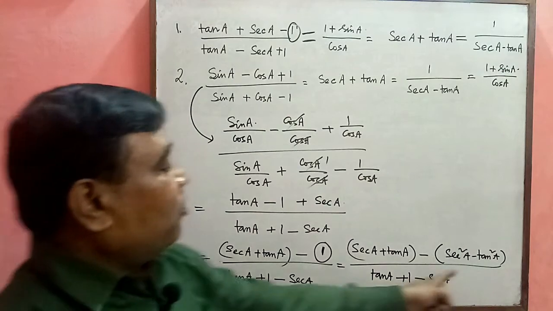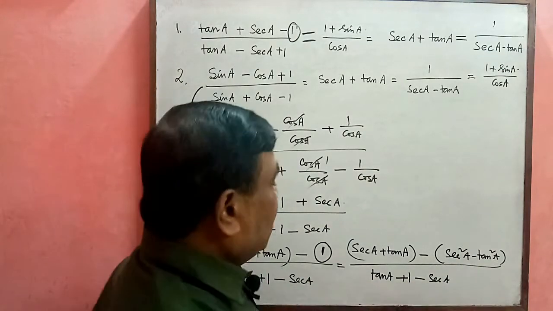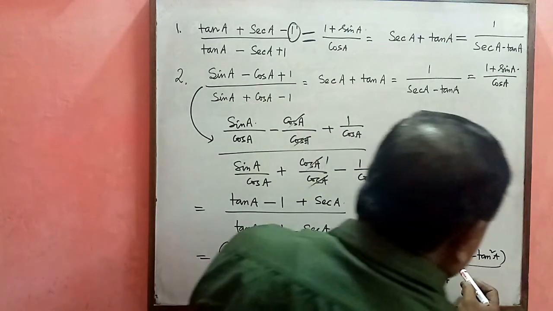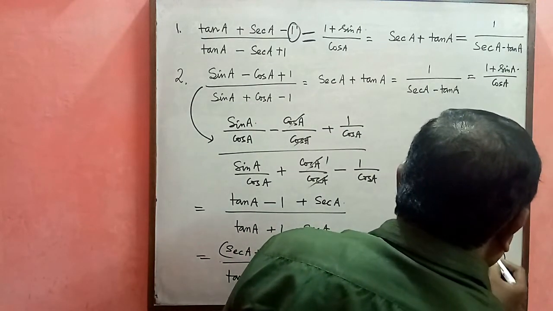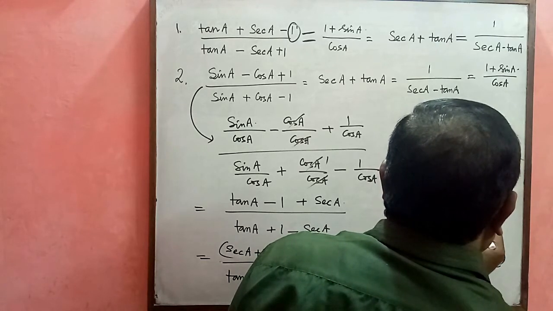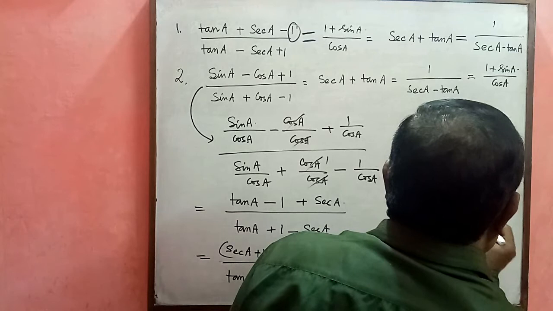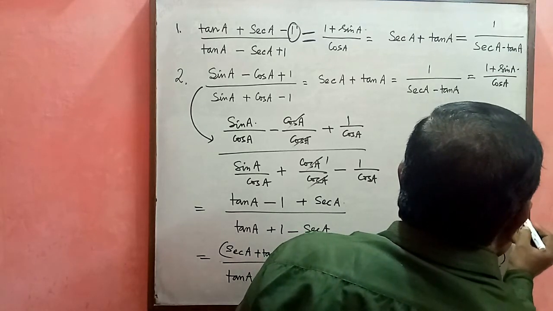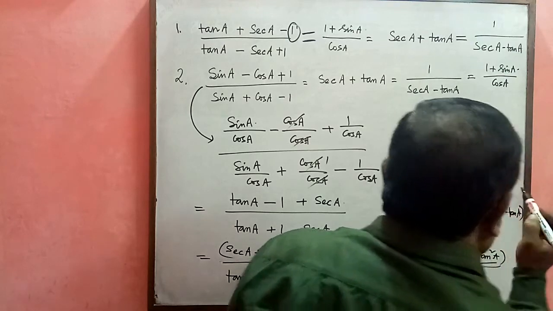Here you have to use the formula identity. Now you see, this is sec A plus tan A, and this is sec square A minus tan square A, means this is sec A plus tan A into sec A minus tan A. This way.